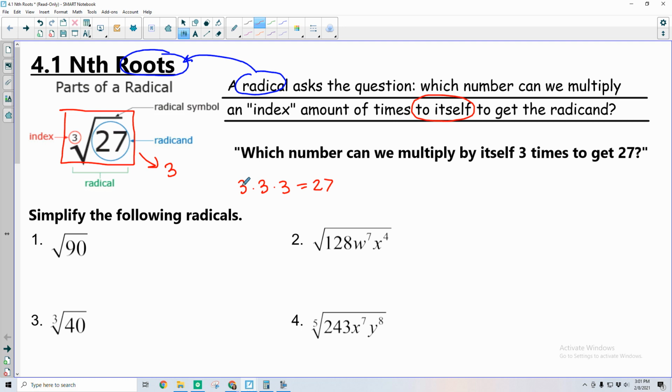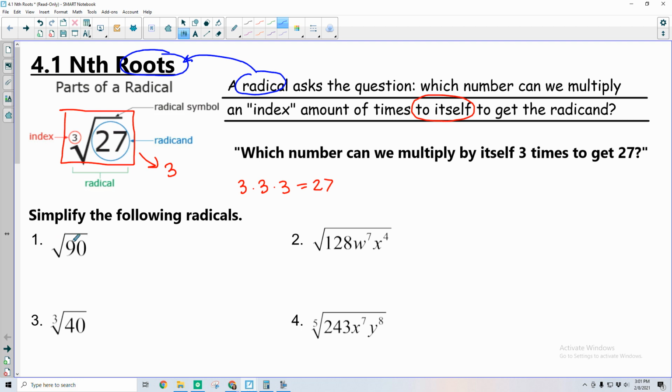I know that there's a lot of 3's here, but let's look at another example to really clarify this. So in the first example here, the square root of 90. You may or may not know this, but there actually is an index here that's invisible. I'm not particularly sure why we make this invisible in math.